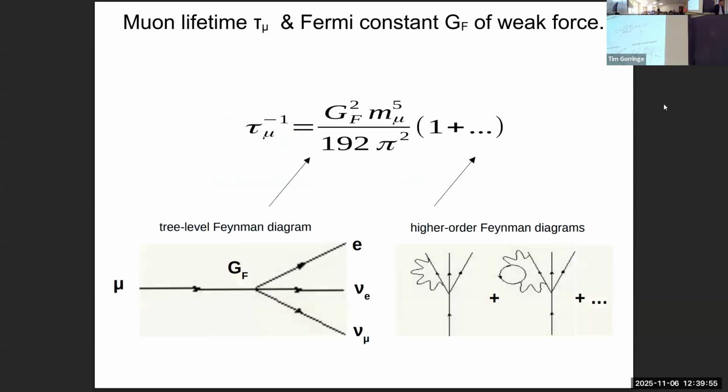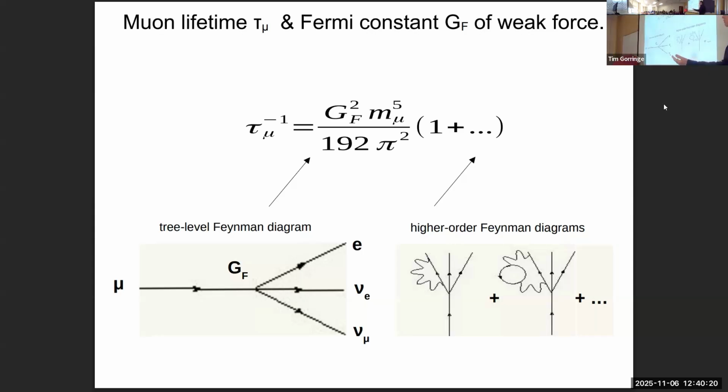Just to give you a little more detail, here's the lifetime of a muon. It is related simply to the strength of the weak force. So this Fermi coupling constant characterizes the strength of the weak force, and this is the measured lifetime of the muon.